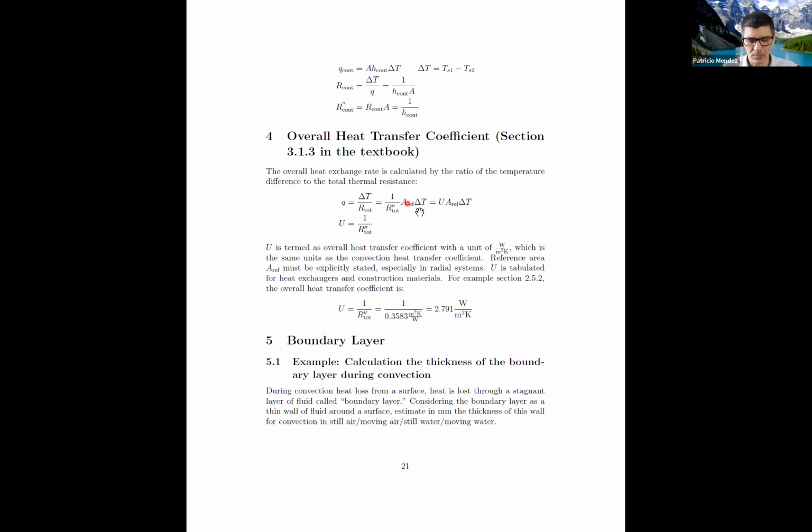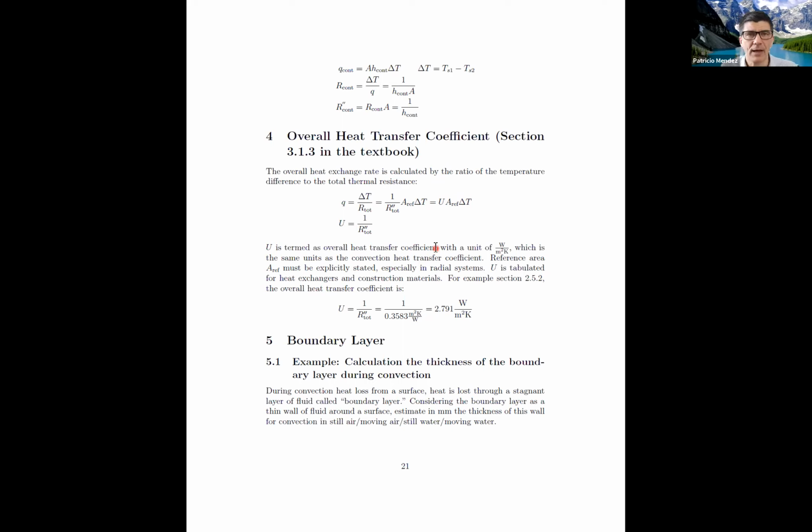And that way we can define the overall heat transfer coefficient. This is very important because it's tabulated for construction materials and it's tabulated for heat exchangers.